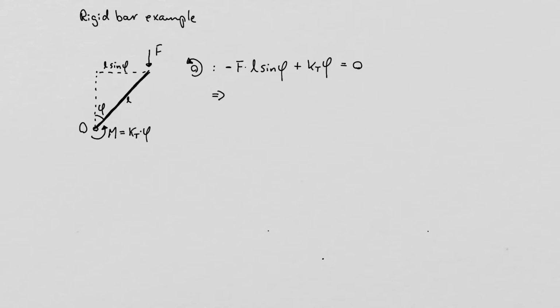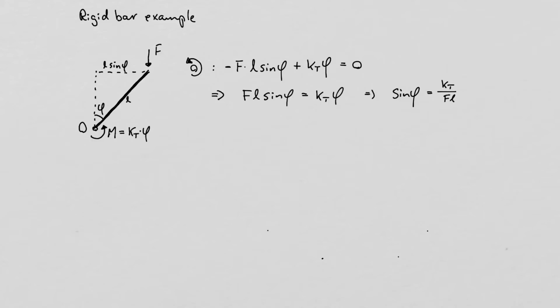So the condition for equilibrium can be written as F times L times sine phi equals kT phi, or for instance expressed as sine phi equals kT over FL times phi. Now let's examine the possible solutions to this equation.